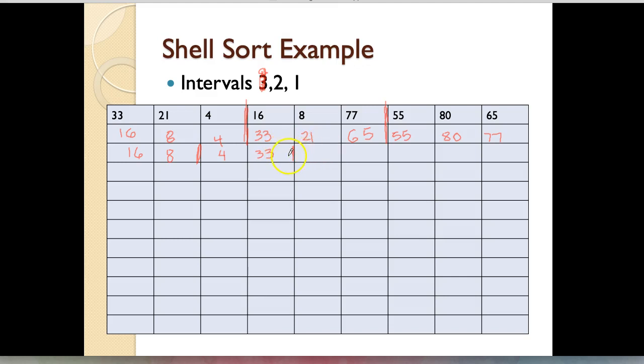Then I have 21 over here with 65 over here, and that's my next one, and then I have 55 in here with 80 over here, and there you go. My last one only has one element, which means it will only be compared with the very first one.